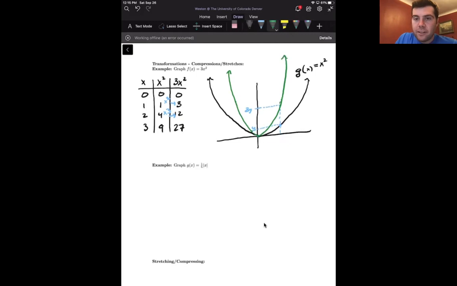where it's always 3 times greater for each point than what it was before. We can do a similar thing with g of x equals 1/5 absolute value of x, where if we draw the graph of the absolute value of x, our new graph is just going to look a lot flatter, like it's been compressed down.